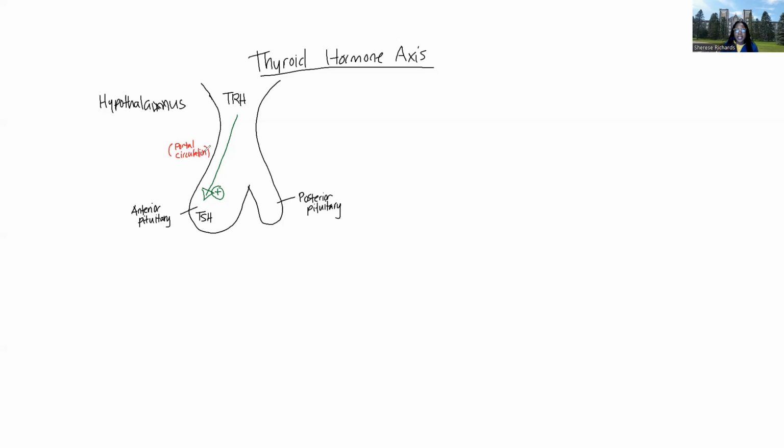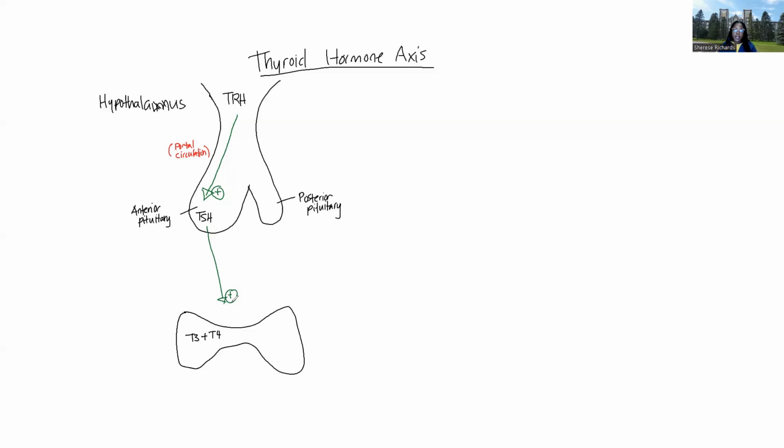All right, now TSH is also going to have its own role in stimulating the thyroid gland itself. So let's draw that axis. So this is going to stimulate the thyroid gland itself to make its own T3 and T4. And we talked about exactly how this happens.